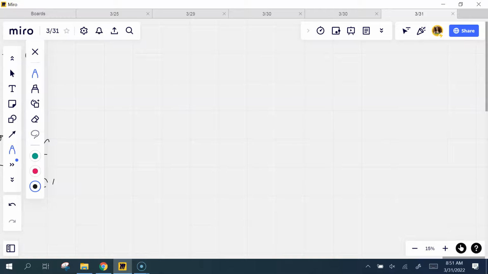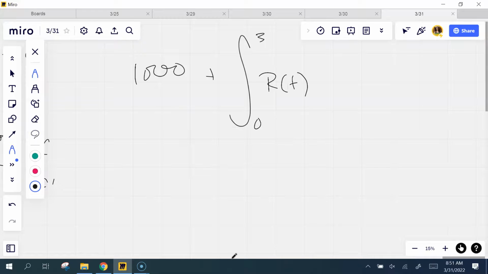So it's building on itself, right? So if you start with 1,000 at 0, they put 1,000 in to begin with, and then from there the first 3 hours, I would have to go backwards on the derivative. Did you do C?